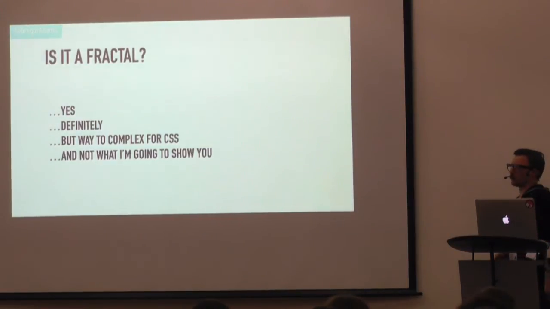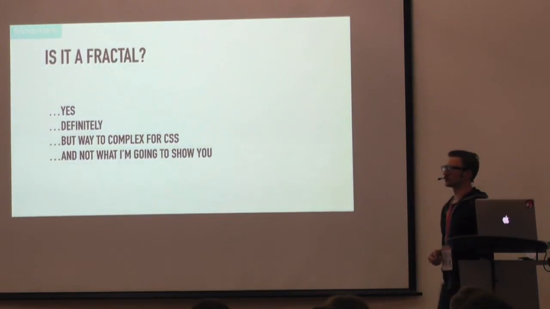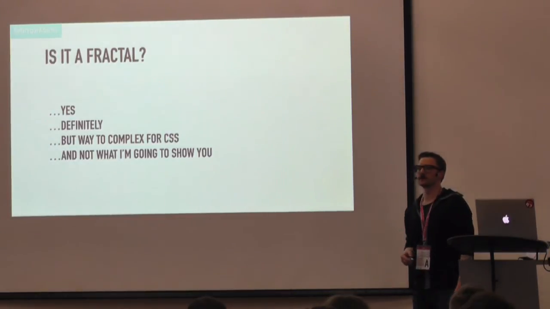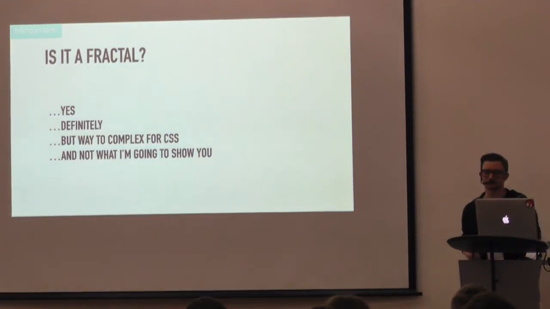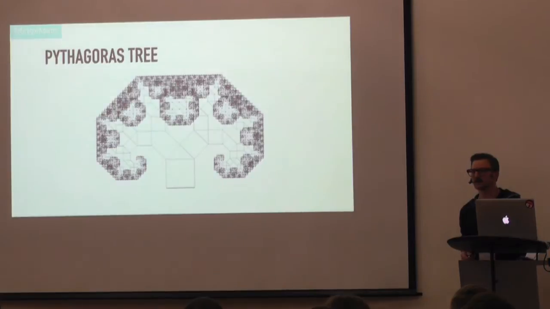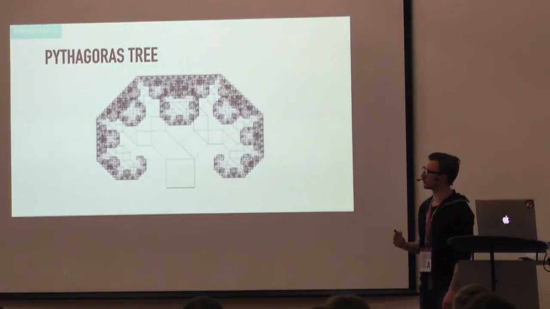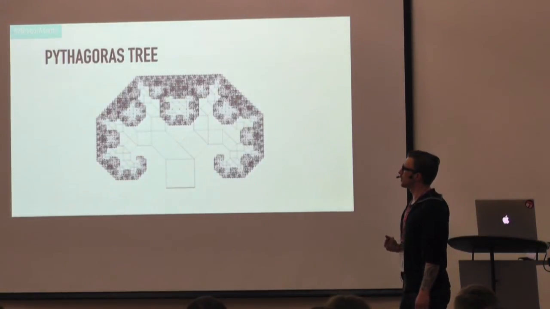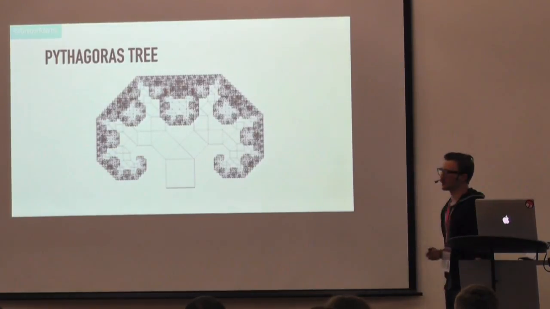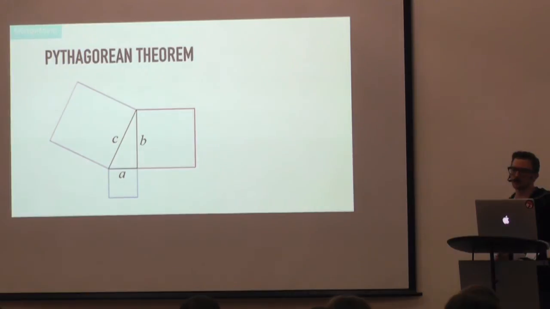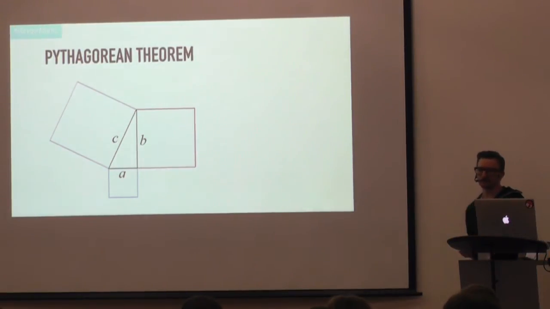So I thought about what else I can show. How can I implement fractals in CSS? So I picked something simple. This might not look simple, but it's actually based on some mathematical functions, and it's actually based on the Pythagorean theorem.